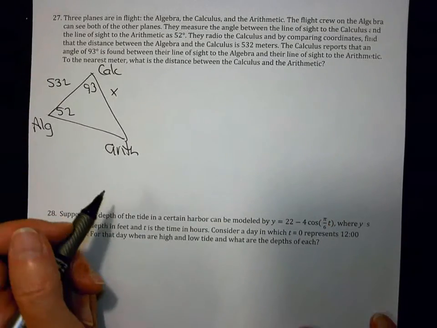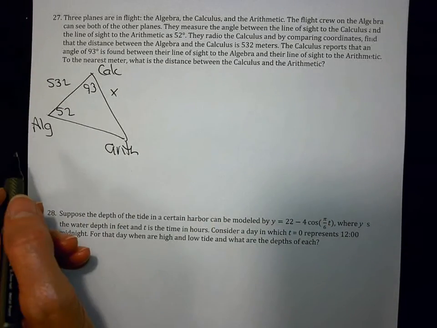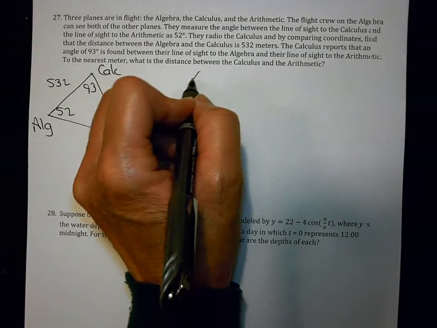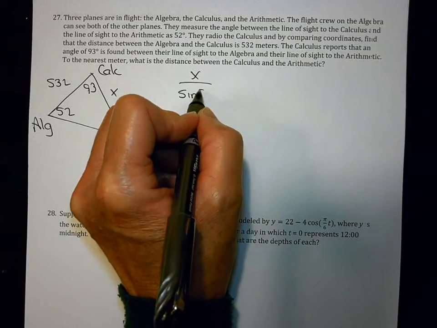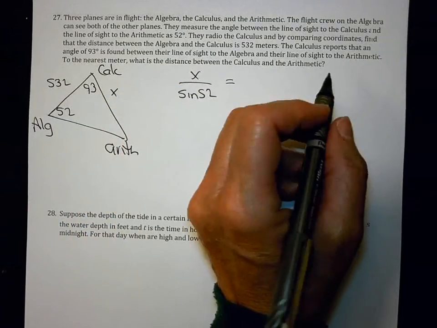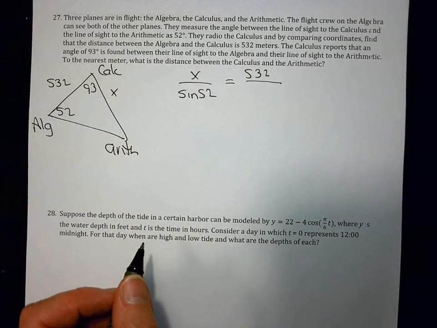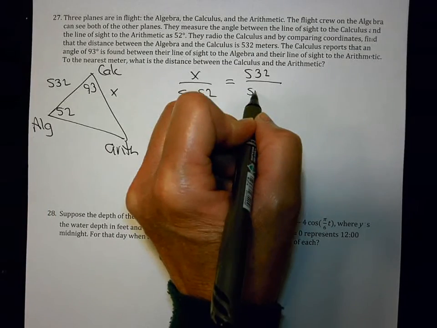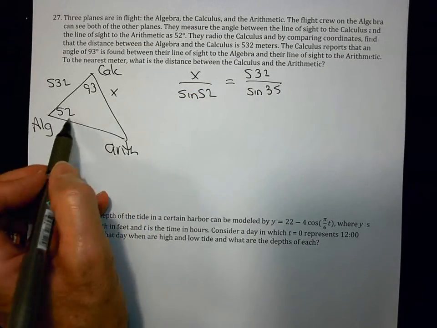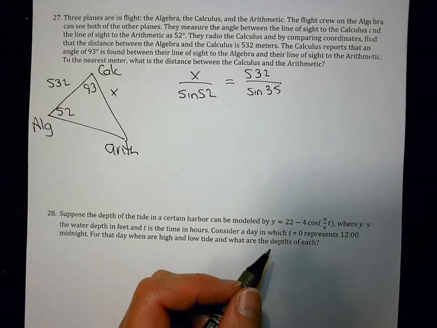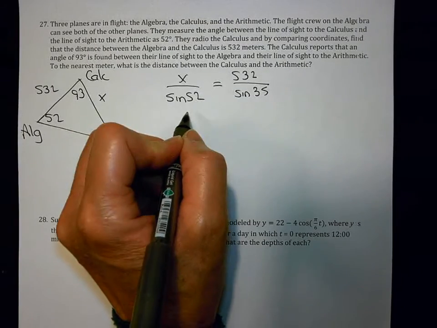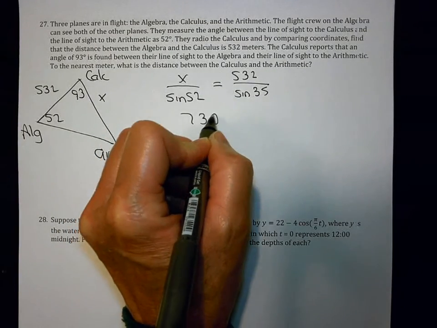So pretty much just do law of sines. So x over sine of 52 is going to be 532 over sine of 35, because remember, once we have these two, we can always fill in the third angle. So we just cross multiply, and it should be 730.891.